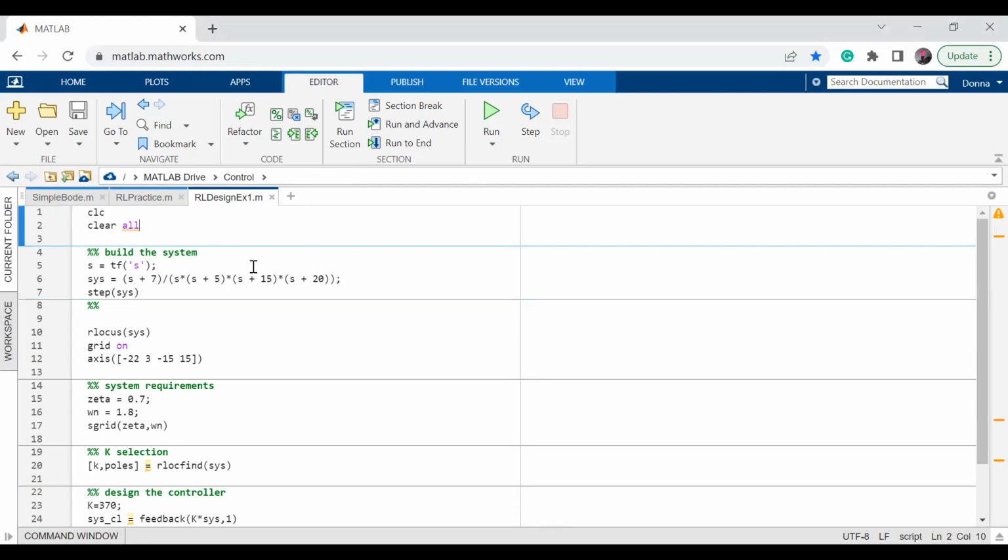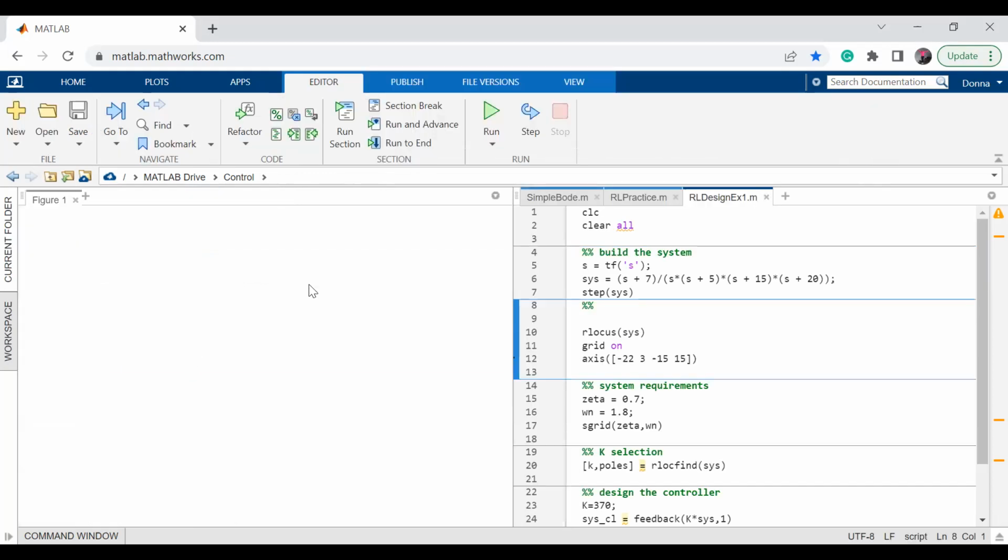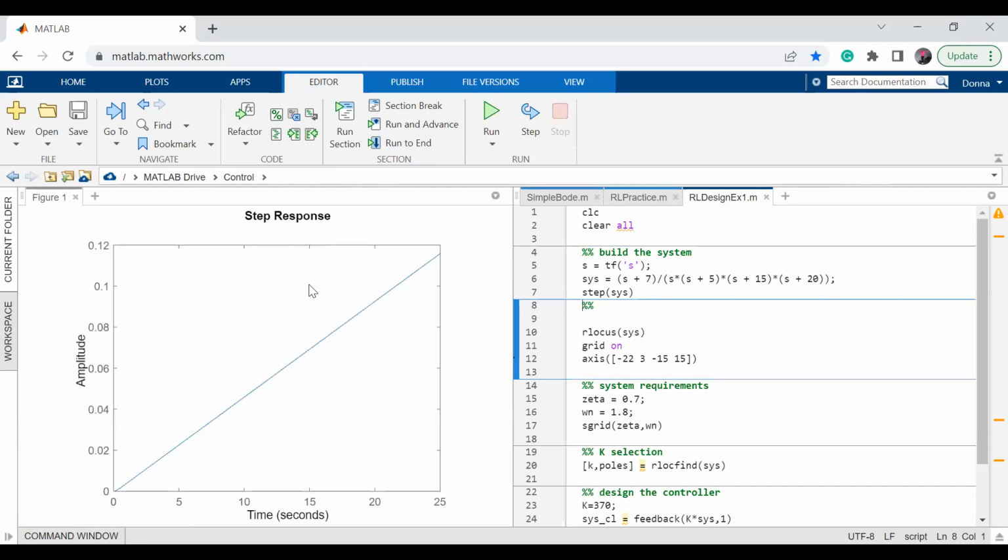Once you have that, don't run the whole thing, run step by step. So run and advance. Clean everything and then create your system. We want to look at the response of our system. Ooh, what is that?